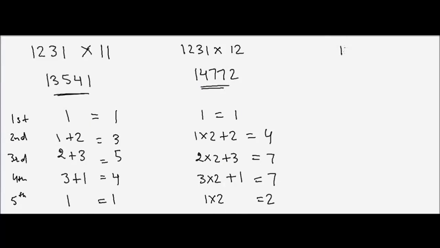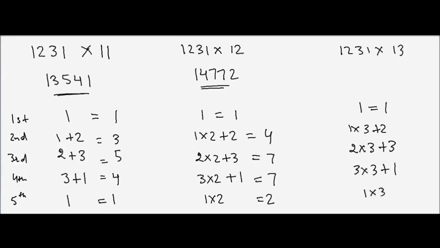Again, if I have to multiply by 13, then the answer will be 1, then 1 into 3 plus 2, 2 into 3 plus 3, 3 into 3 plus 1, and 1 into 3.